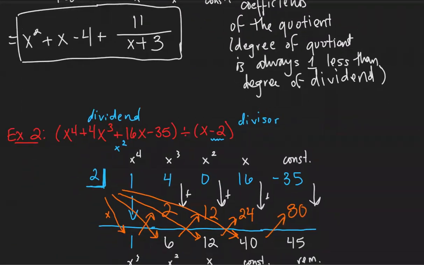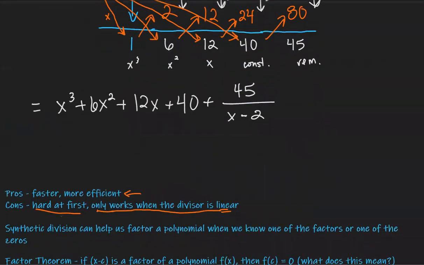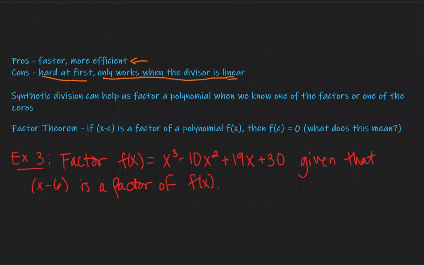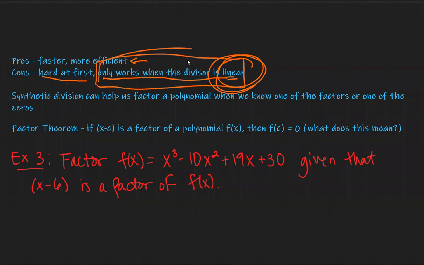It doesn't work when the divisor is quadratic, cubic, quartic, quintic, etc., when we keep going up. It's only going to work when it's linear. Please do me a favor and highlight this statement, circle it, write it in all caps, whatever you need to do to make this very clear to you every time you refer back to your notes.